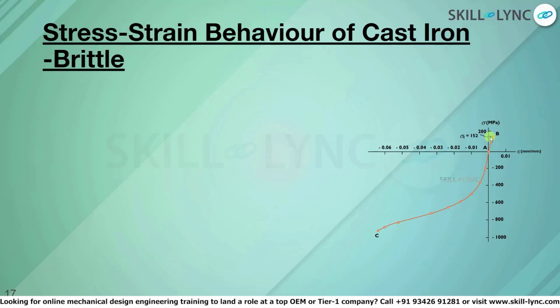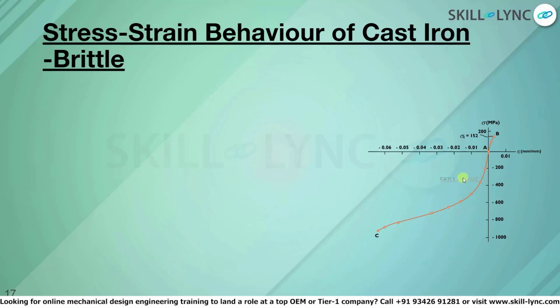However, when it comes to compression, it is a completely different story. You can see that when compressive load is given, the graph keeps on going linearly, approximately up to a value of 1000, until it reaches its compressive failure.